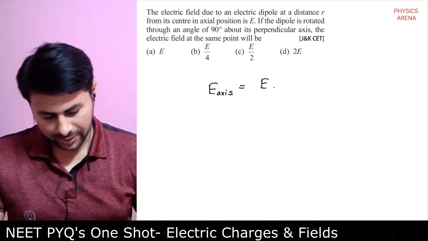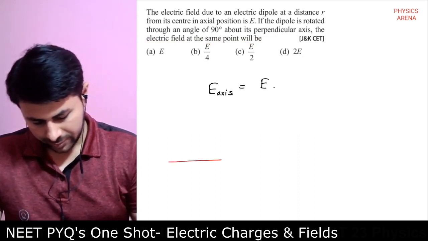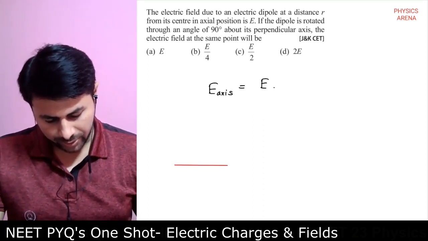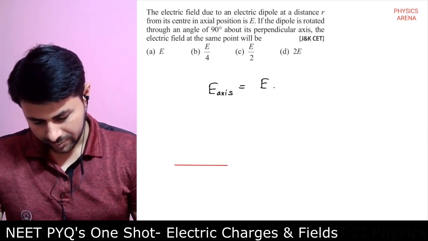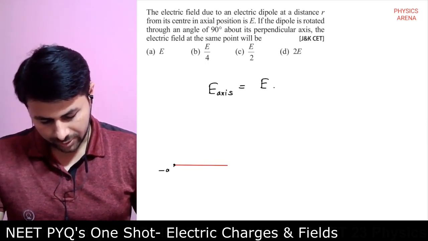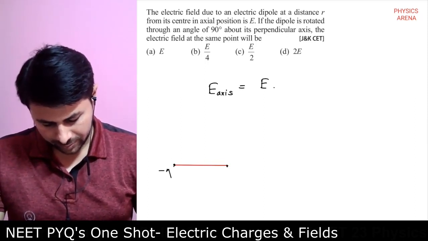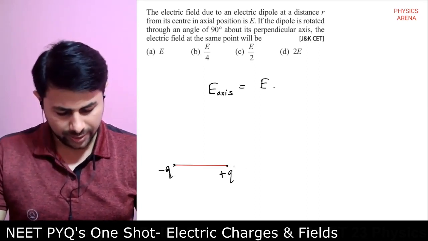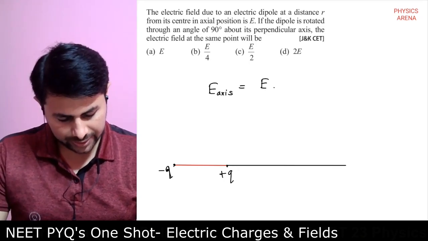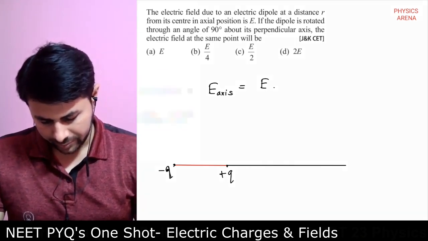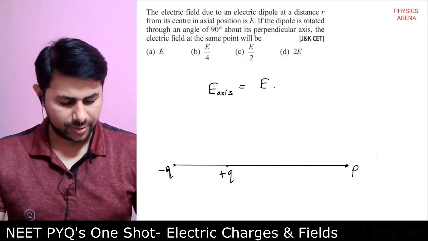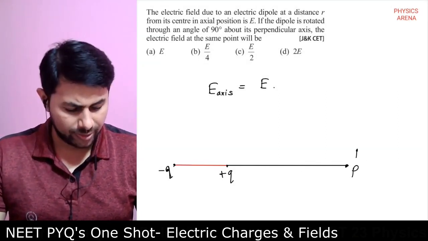The dipole is like this, minus Q, plus Q, and the electric field at an axial point, at this point, due to this dipole is E.